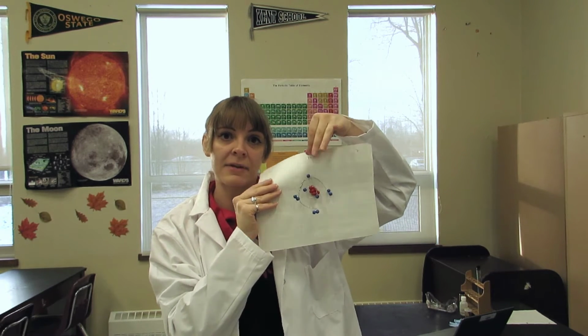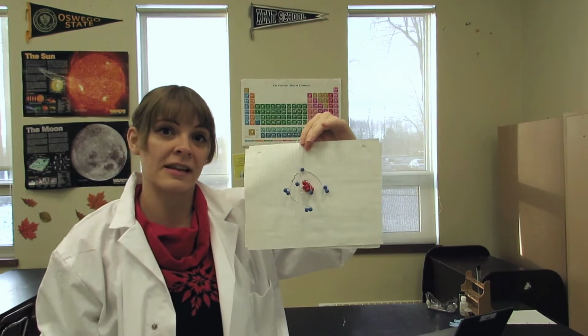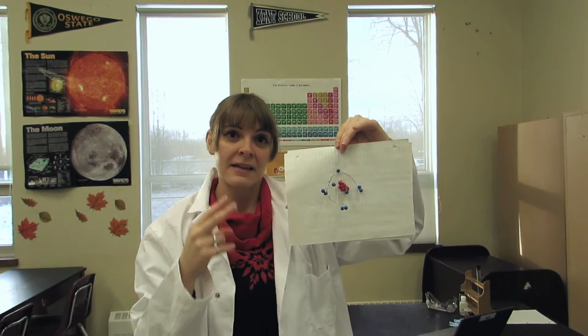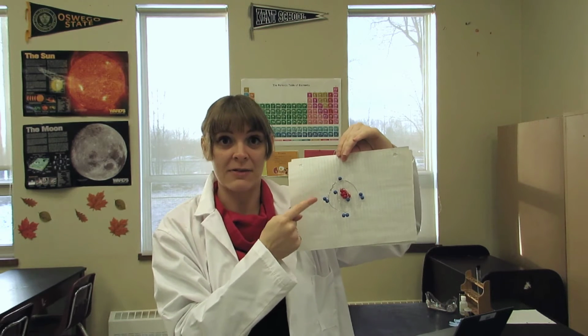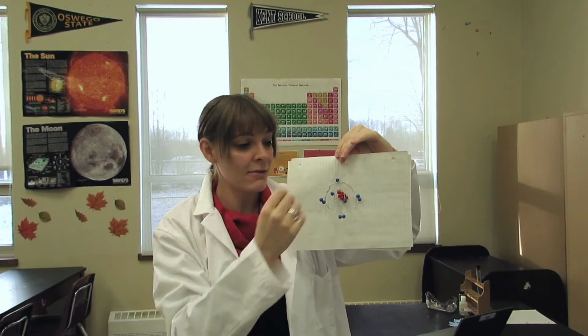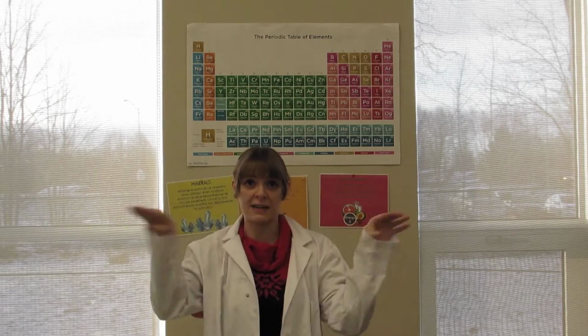Now, this atom is the fluorine atom, and it is found in the second period of the periodic table. Second period meaning that it has 2 rings. If this was a different atom and it was found in the 4th period, it would have 2 more rings. It would have 4 rings in total. So the periods are the groups of atoms across the table.